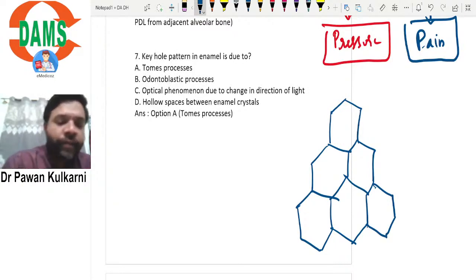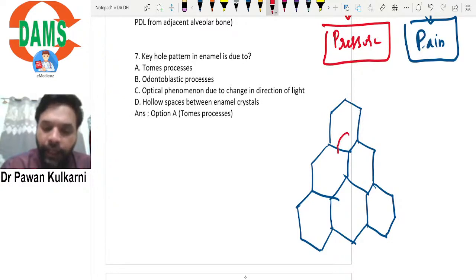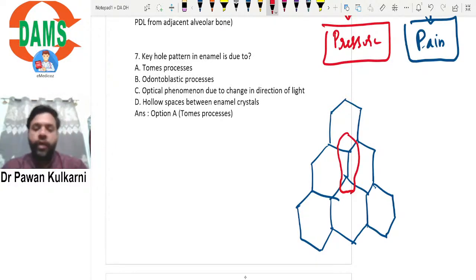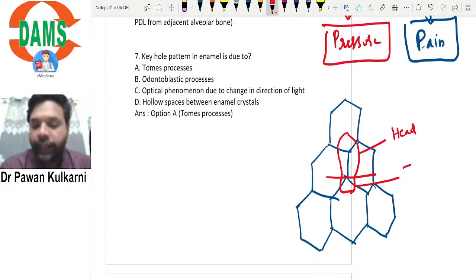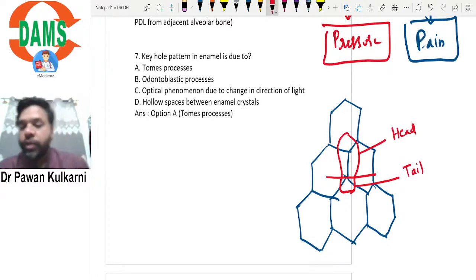If you can see here, the keyhole structure of the enamel rod, the enamel rod basically has two parts, head and tail. So this much part is the head part and this part is the tail part. So this pattern is called keyhole pattern. Let me label this.